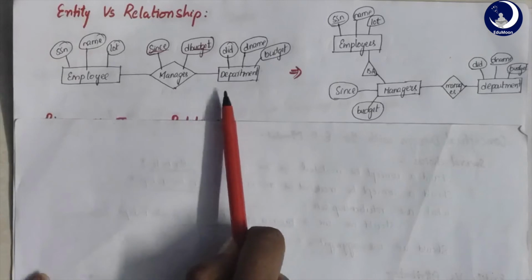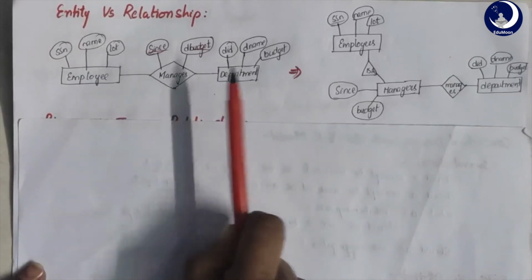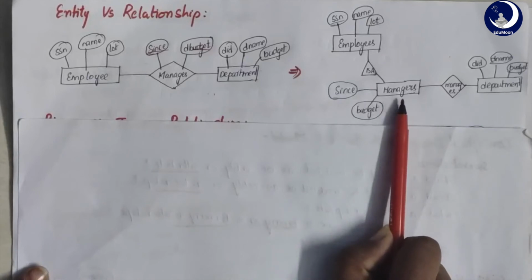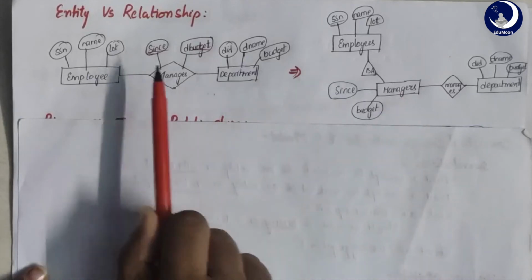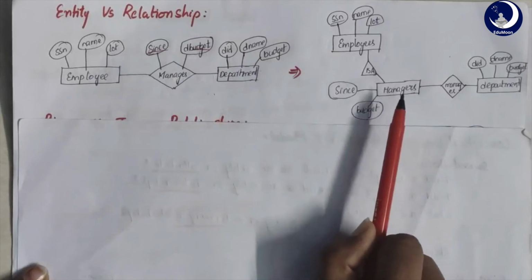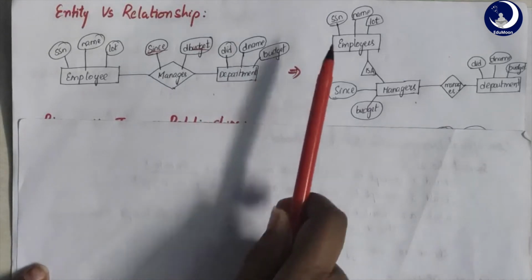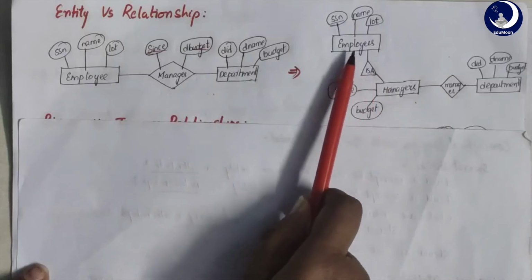To address this problem, we are transforming this into this model where we define another entity set, managers, and we assign these two descriptive attributes as the attributes of this entity. We also define another relationship, is a relationship, implying that a manager is also an employee.